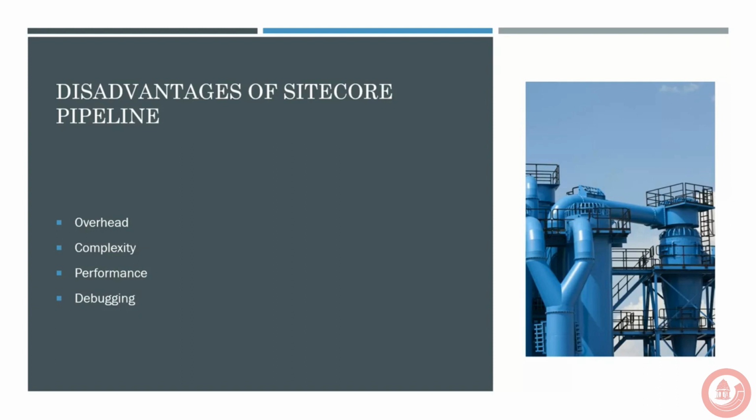But how about on the production or staging environment? There, it's really a challenge to see what's going on inside the pipeline at runtime. So it's very complex to implement a pipeline and to debug it.